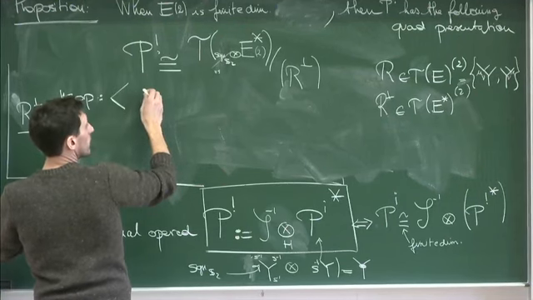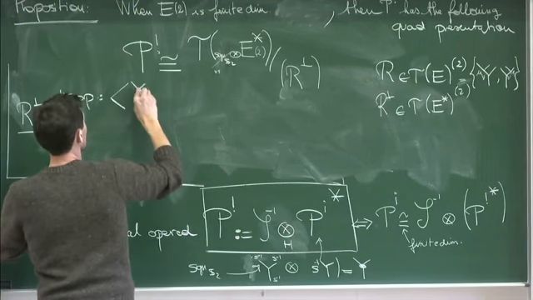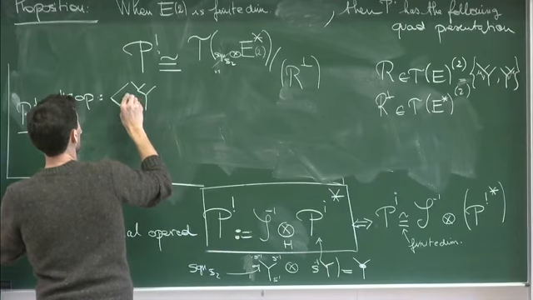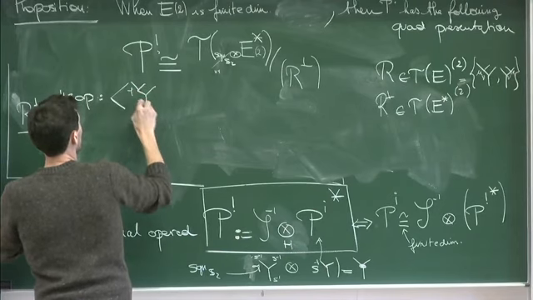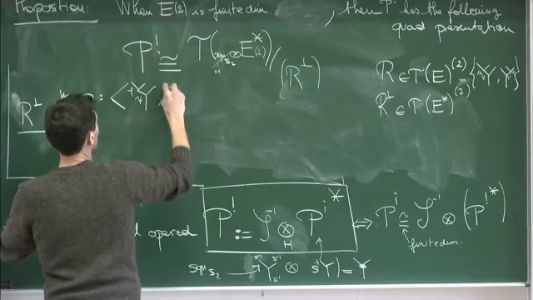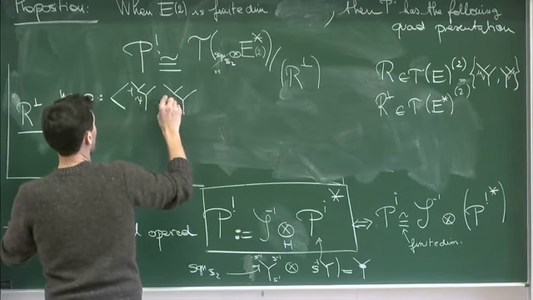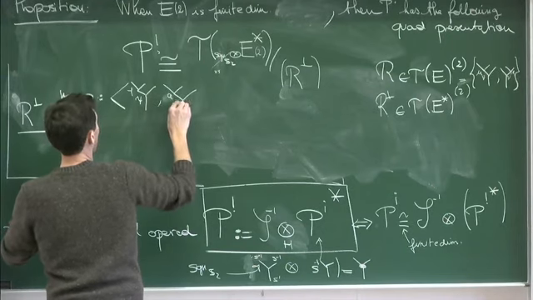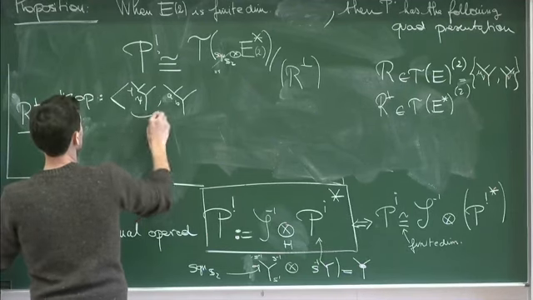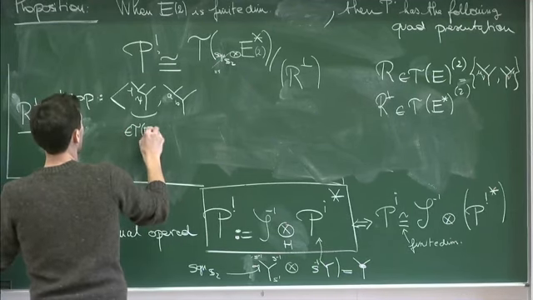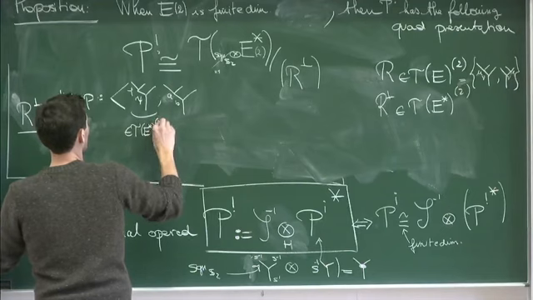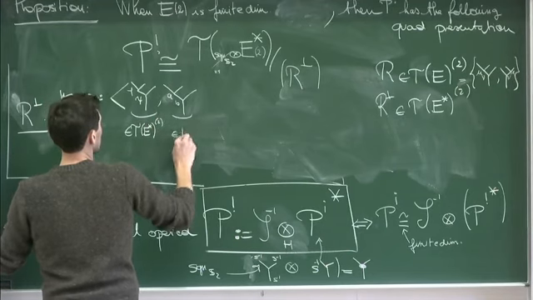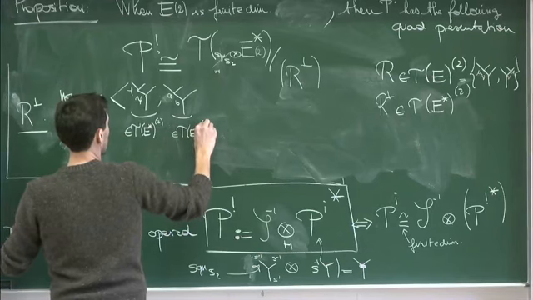So here, if I take an element of T of E star, on the left comb, let's call that psi, okay? And if I have another left comb labeled by, say, mu, A and B, so this is an element in T of E star 2, this is an element in T of E 2.